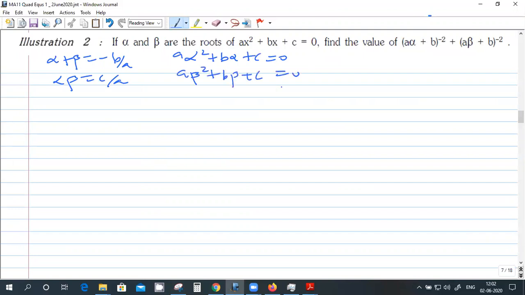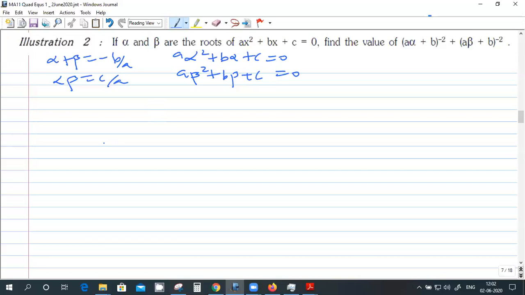So in the calculation, if you have this sort of a combination, I can reduce it by using C. If I get this combination of A beta square plus B beta, I can reduce it by putting it as minus C. So that's why we can use these two.